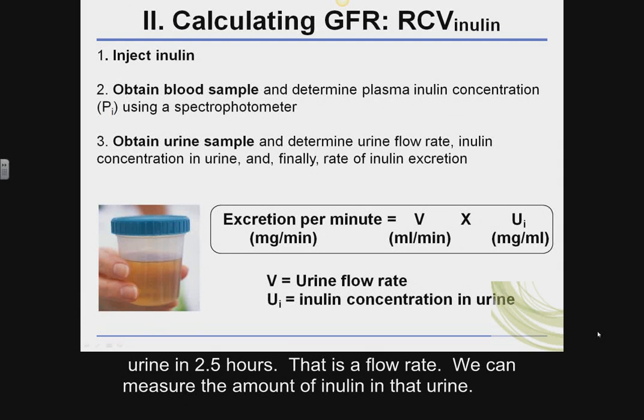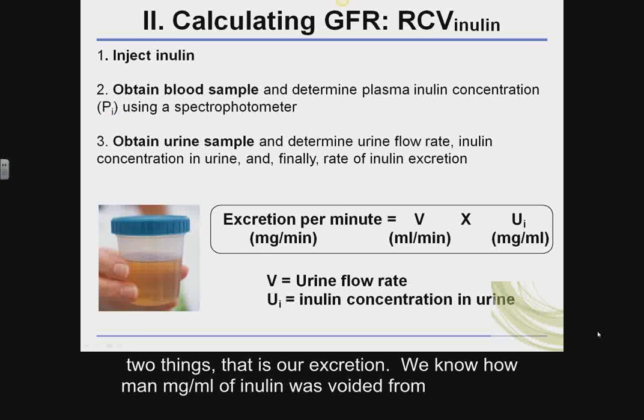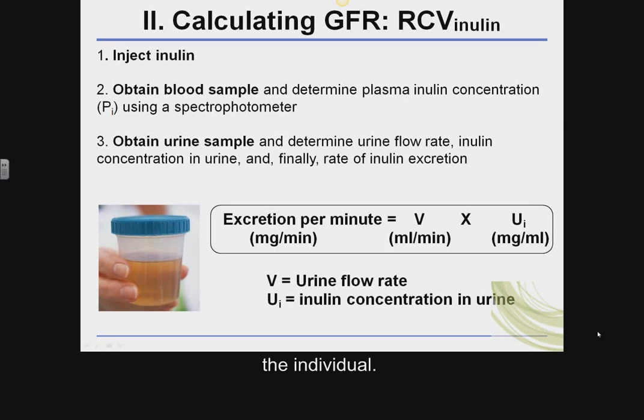We can get a unit of milligrams per milliliter. That's the inulin that's dissolved in the urine. If we multiply those two things, that will be our excretion. So it's urine flow rate times the urine concentration of inulin. We know how many milligrams per milliliter of inulin was voided from that individual at the end of calculating using this equation.